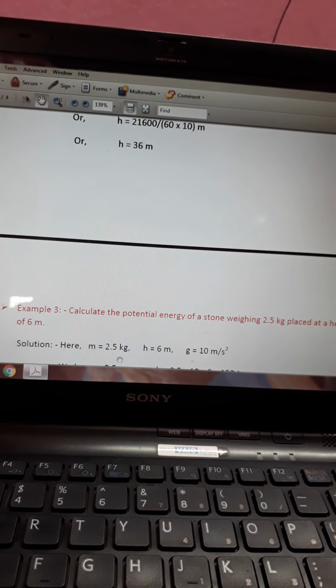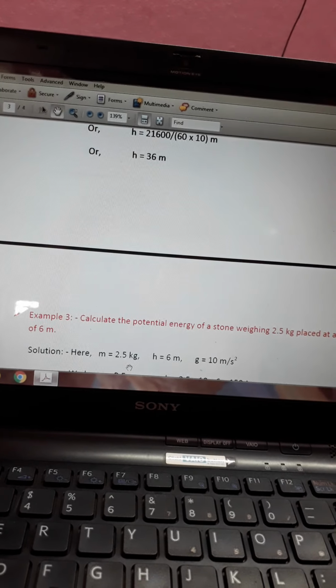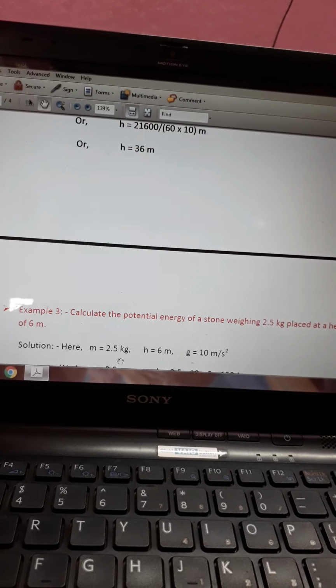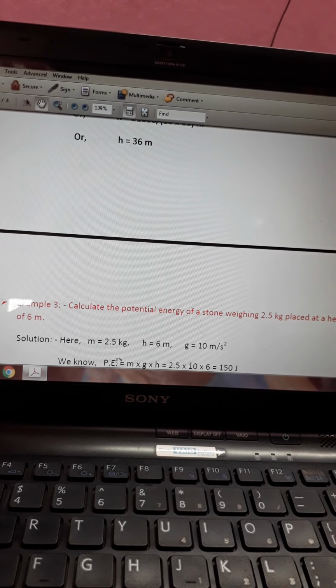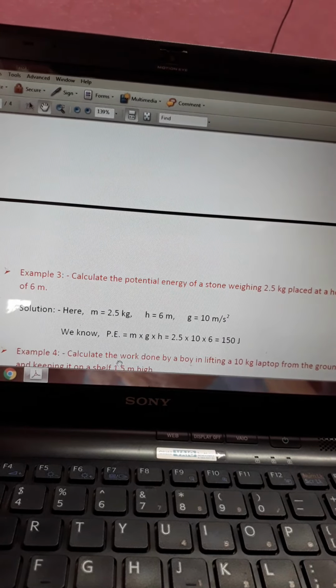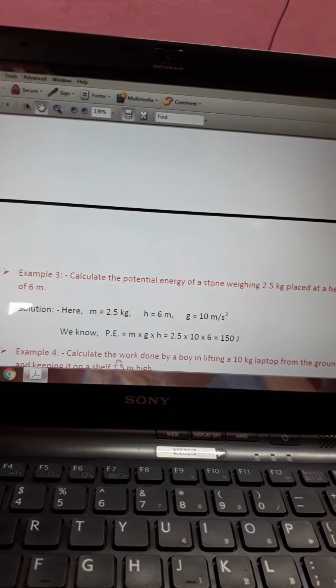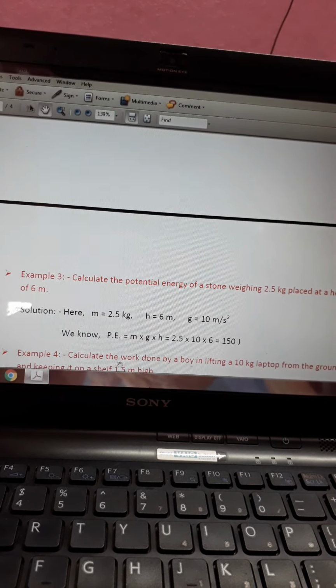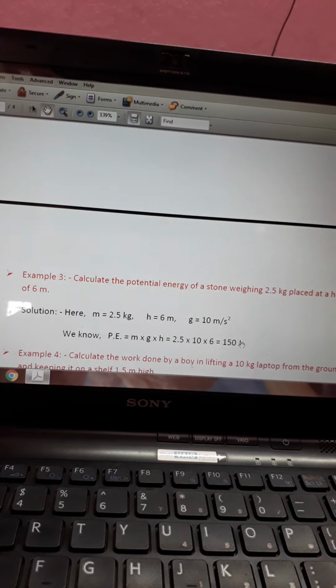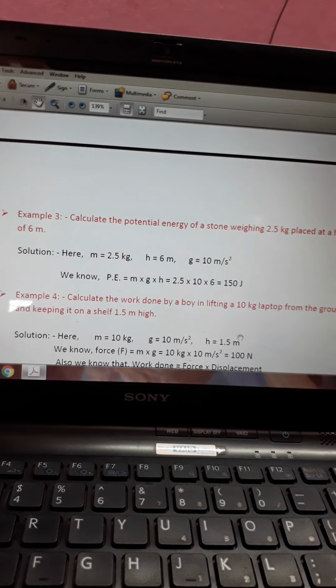Let's see the next example. Number 3. Calculate the potential energy of a stone weighing 2.5 kg placed at a height of 6 meter. So mass is given, height is given, g we know 10 meter per second square, and we will put those values in the expression mgh, solve it and get the result 150 joule. Number 4.